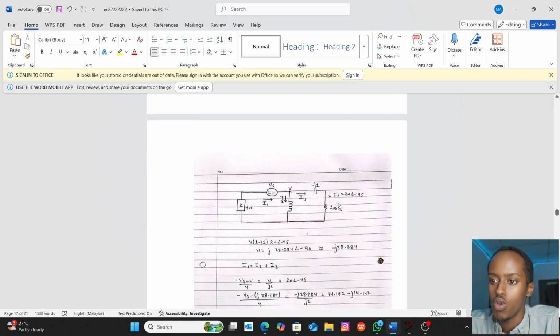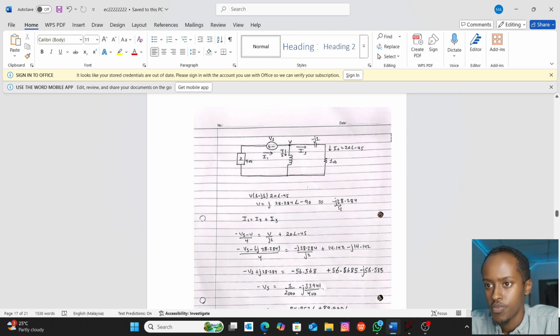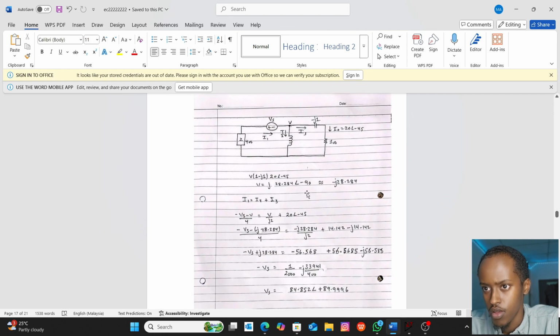Then we will do nodal analysis and KCL, which says current in equals current out. Our I1, which is minus Vs, equals I2 plus I3.